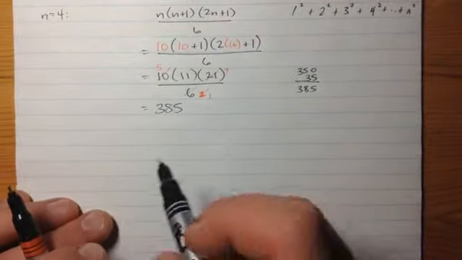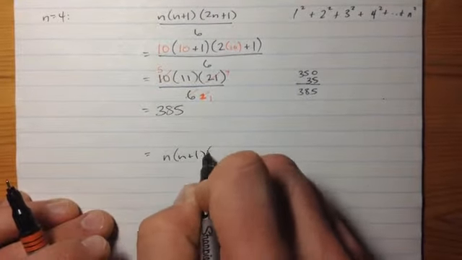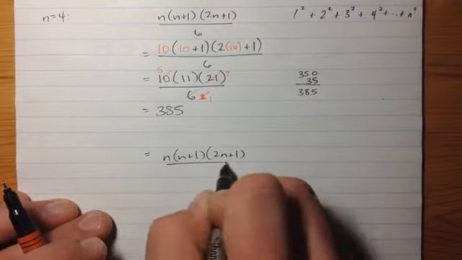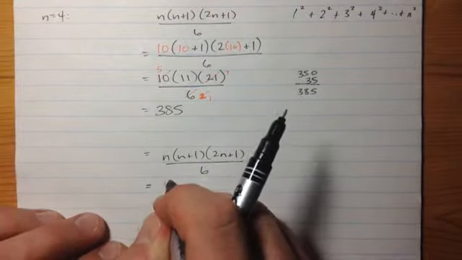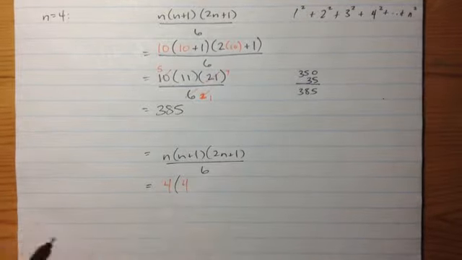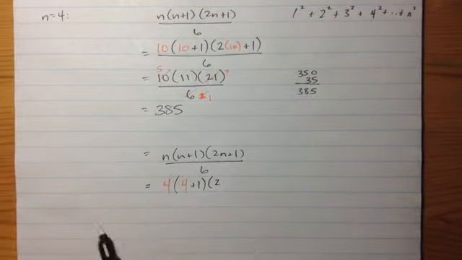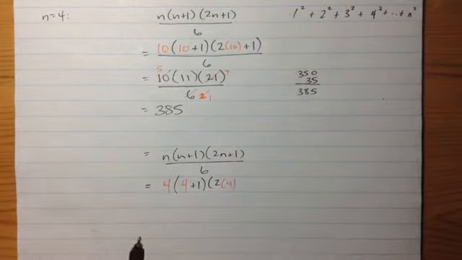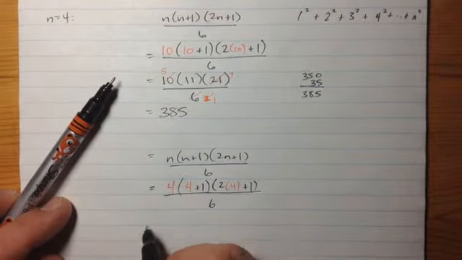Maybe we'll do the 4 version really quickly here. So once again, formula, and substituting in for n the value 4, the correct value 4, and then I've got 4 plus 1, and then I have 2 times 4 plus 1, all divided by 6.